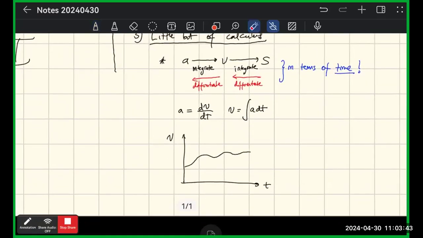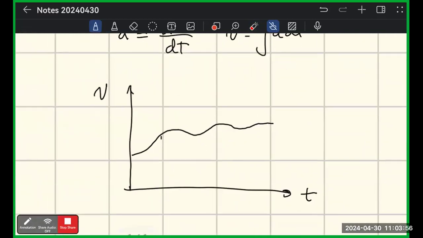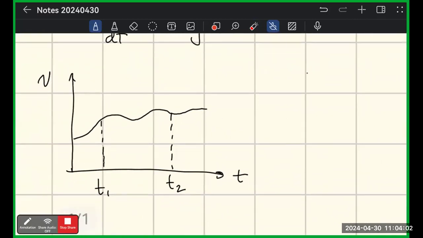If you integrate v over time from T1 to T2, the integration of v dt from T1 to T2 equals the distance, the displacement from T1 to T2.